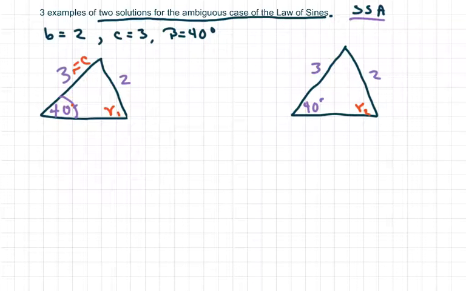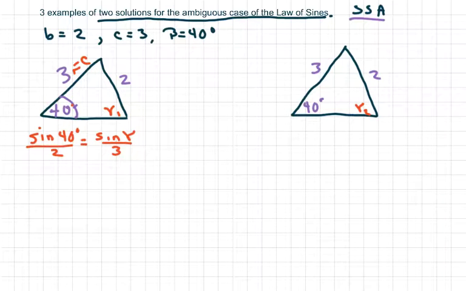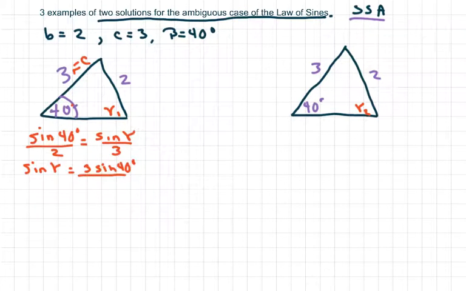So the first thing we're going to do is find our gamma 1 by using the law of sines. And again, this is just a tutorial. Sine of 40 over 2 equals sine of gamma over 3, and you cross multiply and you get sine of gamma equals 3 sine of 40 over 2, which is approximately 0.9642.